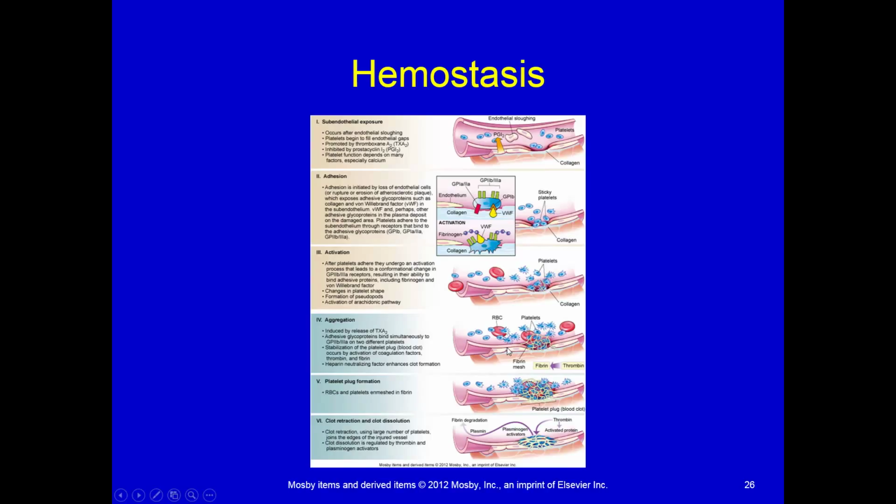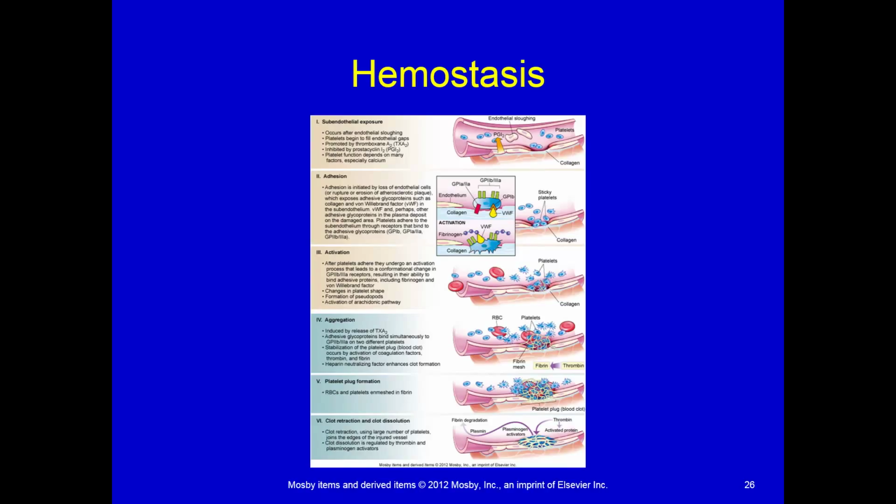Now, step 4 is aggregation. This is where you start to see the aggregation of all of those cells at that site. It's also where you start to see the fibrin mesh starting to form. Why is the formation of the fibrin mesh so important during this phase of aggregation? Why is it so important that we have a fibrin mesh effectively form in that area?